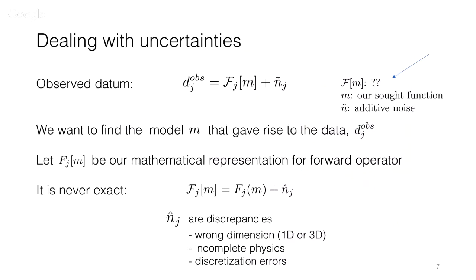So your operator that you're going to work with to actually solve your problem might not be right, and that's actually going to give rise to errors. Those errors are probably not going to be Gaussian zero mean. They're going to be biased and highly correlated.